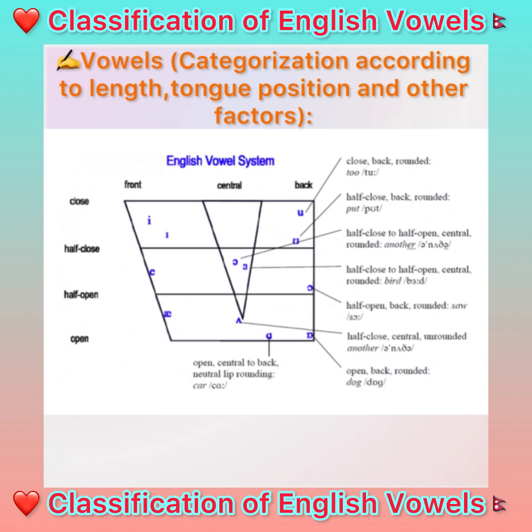You have to see this picture and you can easily understand vowel sounds. We already discussed vowel sounds, but you can't easily understand them without the slide. You can see in this picture how vowels are produced. Look at it in detail and then you can understand easily.